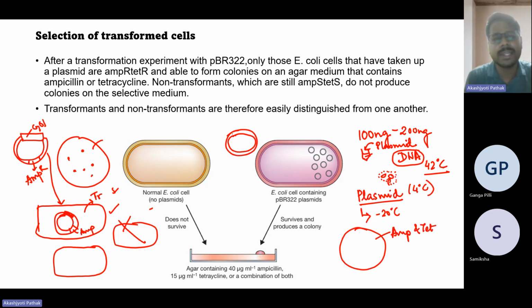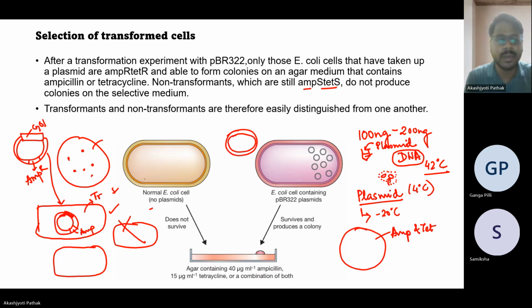Only those bacterial cells which have taken up this pBR322 vector will grow. Non-transformants are still ampicillin sensitive and tetracycline sensitive, so they will not produce any colonies. So in this way, transformants and non-transformants can be distinguished from one another.